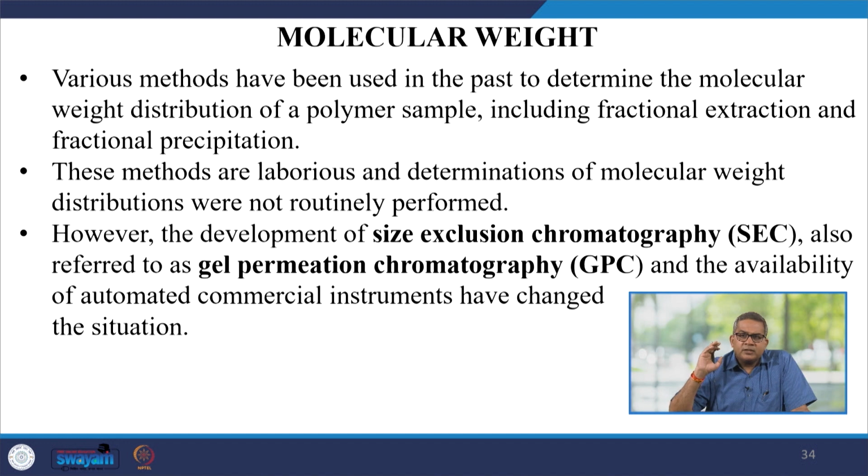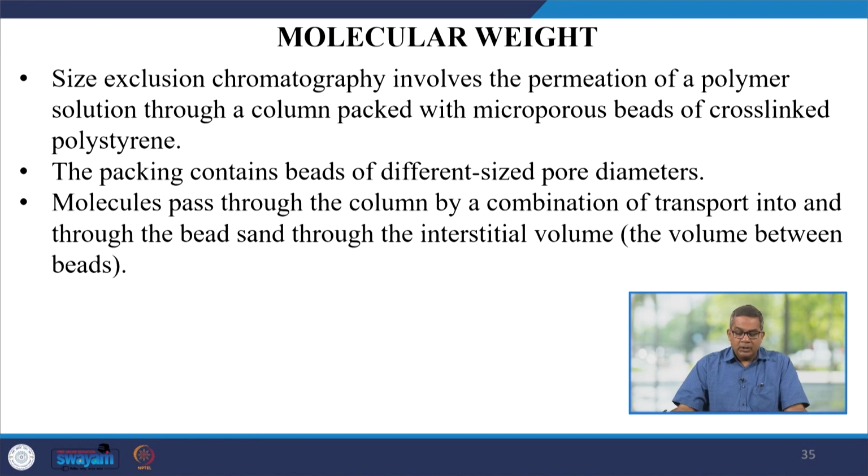Once size exclusion chromatography or gel permeation chromatography techniques were developed, and with the availability of various automated commercial instruments, they changed the entire situation. And now we can precisely determine the range of molecular weights for a particular polymer sample.